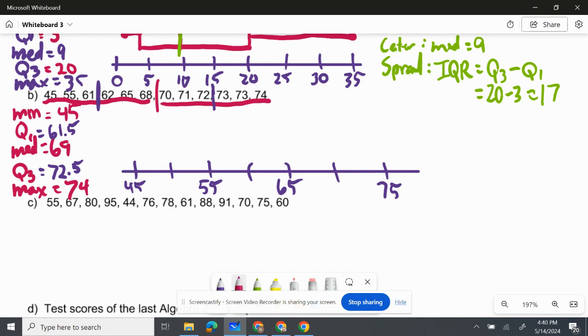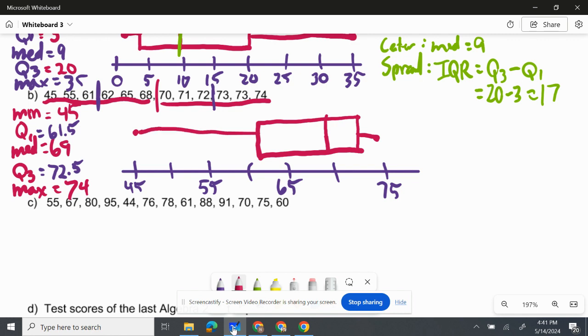I am going to put a dot at the 45. I'm going to put a dot at the 74. I'm going to draw 3 lines, one at the Q1 value, 61.5, one at the median, which is 69, and then one at the Q3 value, which is 72.5. I'm going to make my box. I'm going to make my whiskers.